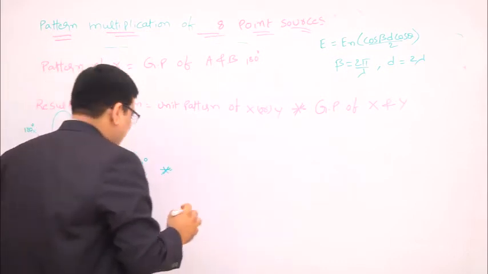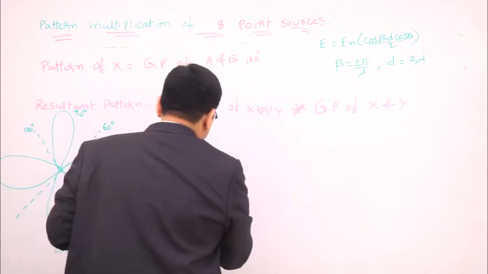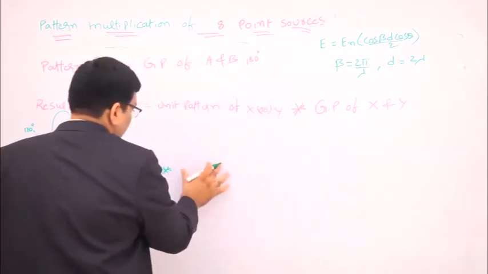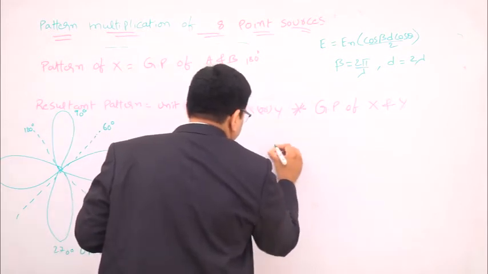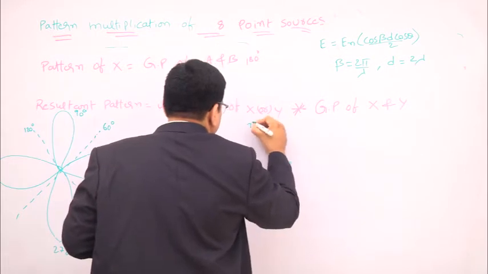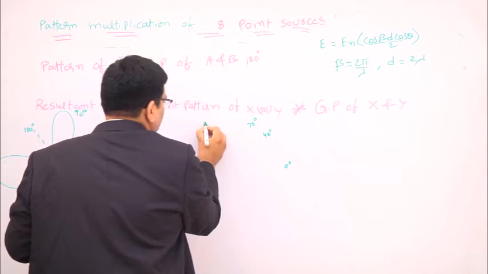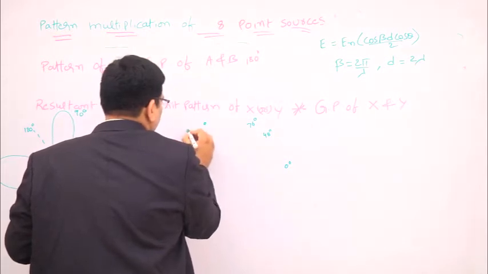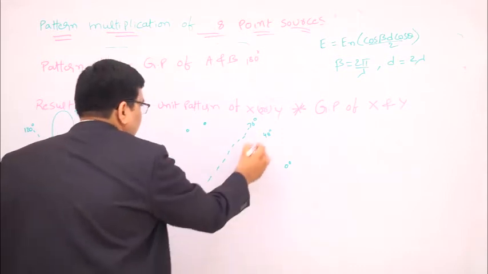So where are we getting nulls? In the 48 degree direction. Suppose we have taken our circle, our total area into 360 degrees, that is 0 degrees. Here it is 48 degrees and 76 degrees. And likewise in this direction also there are two nulls.